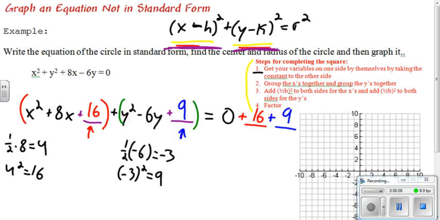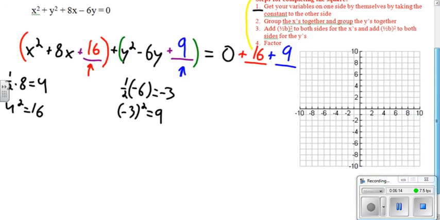Now, we've created two perfect square trinomials that we can break into perfect square binomials. Let's scroll this down and give us a little more space. x squared plus 8x plus 16, that's the same as saying (x plus 4) squared. If we were to factor this piece down, we would get this. And remember, that's just from our completing the square process.